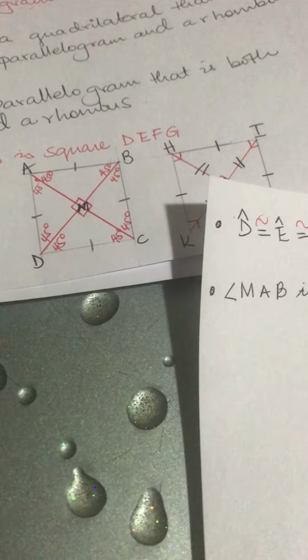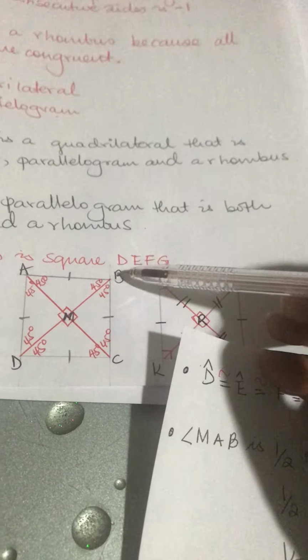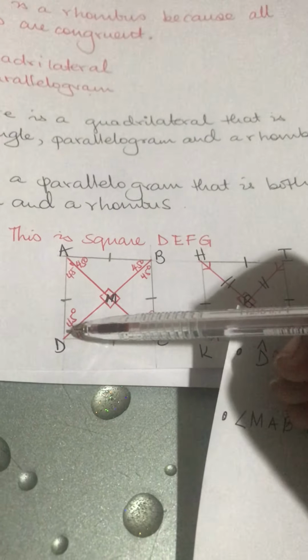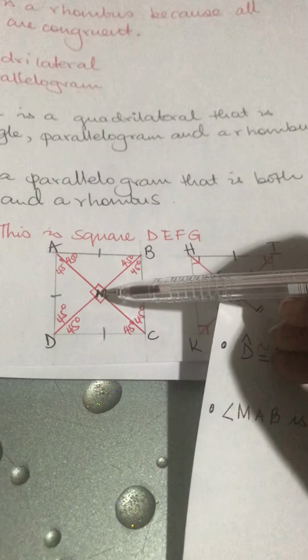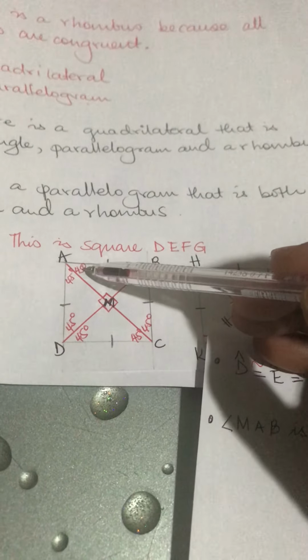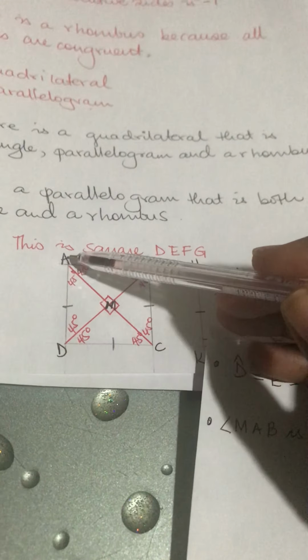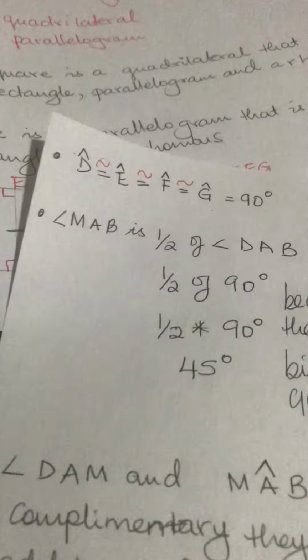Another important equation you should know is that angle MAB is half of angle DAB. So this angle right here is half of this angle. Why?